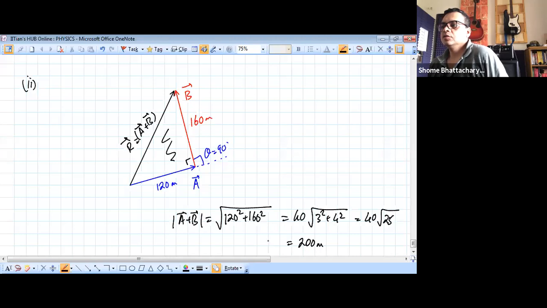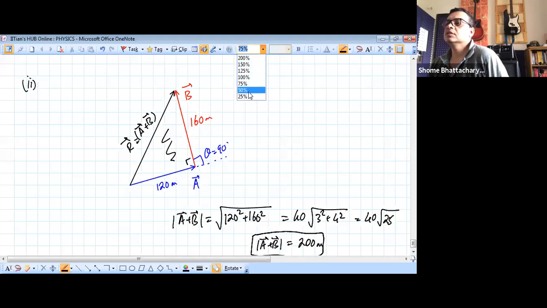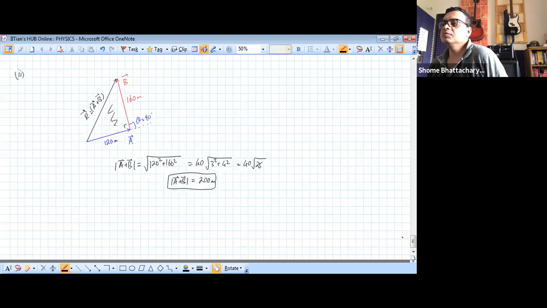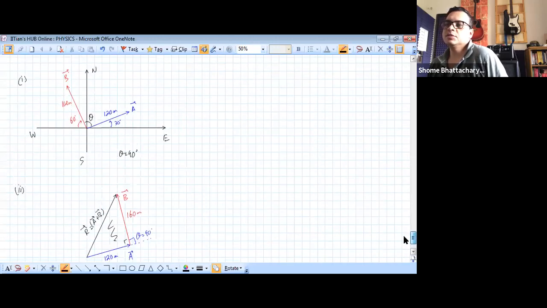Okay. So this will be my magnitude of A plus B. So what we can also see from this is that if we are dealing with perpendicular vectors, then the resultant's magnitude becomes root of A square plus B square.